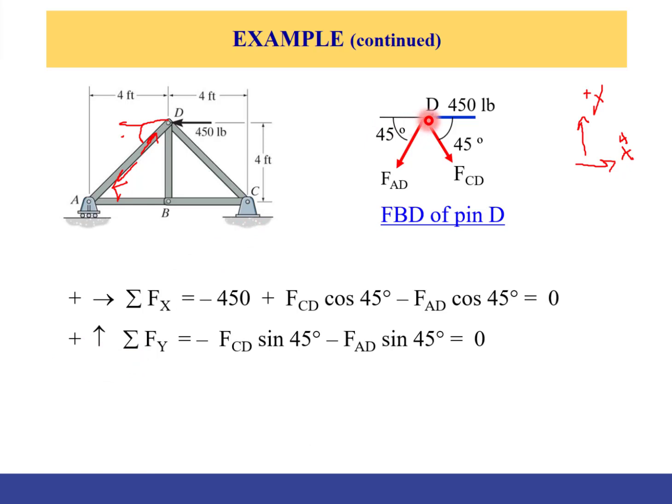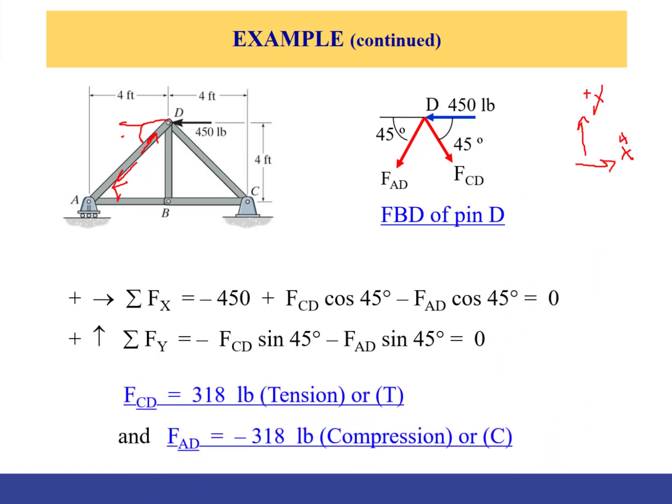So we have nothing coming from the 450, so we have only F_AD sine 45, minus F_CD sine 45 equal to 0. Two equations with two unknowns. You can, by back substitution, find the values.